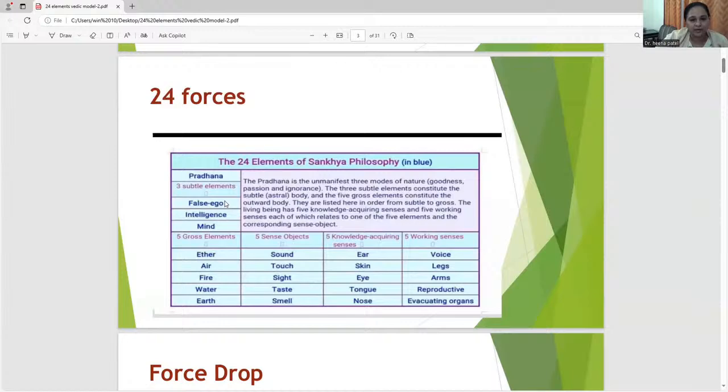So right now we are not going to discuss that, but we must understand the false ego: what is the concept of yourself, what is the thought process, emotion, and what kind of structure you have made. That is what we call the false ego.